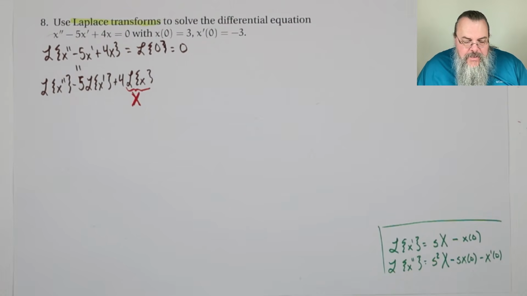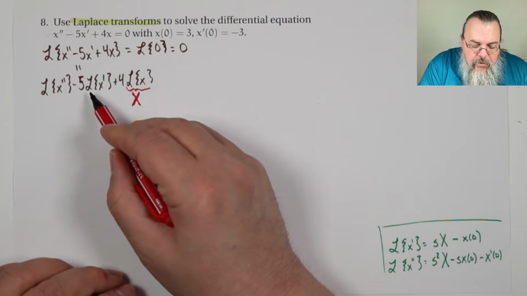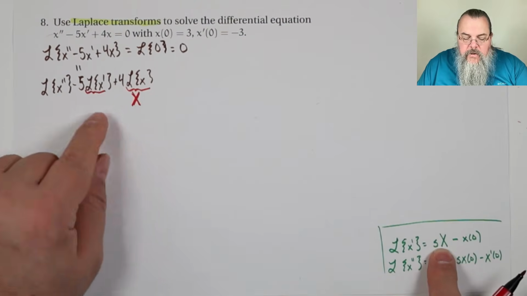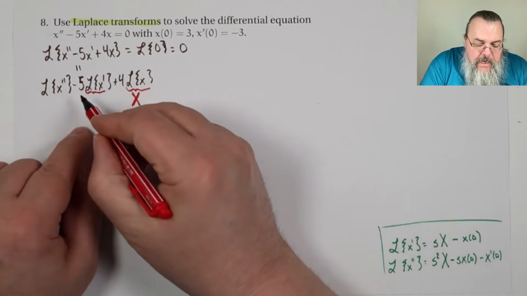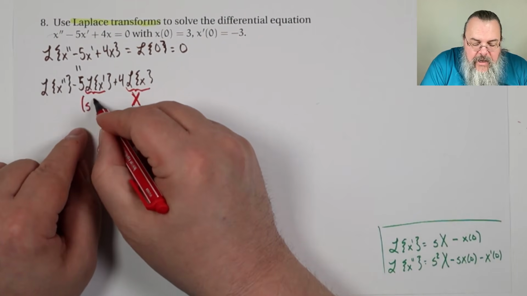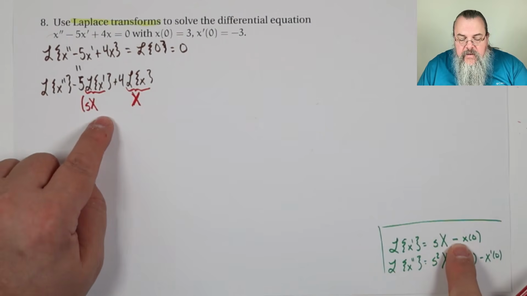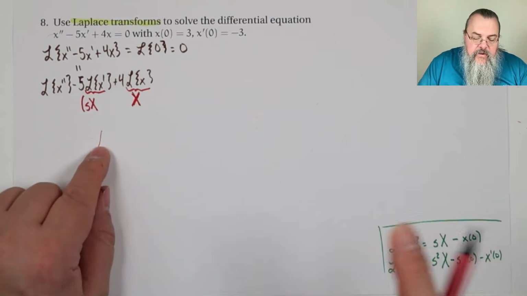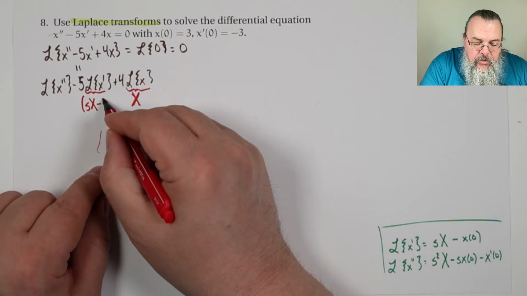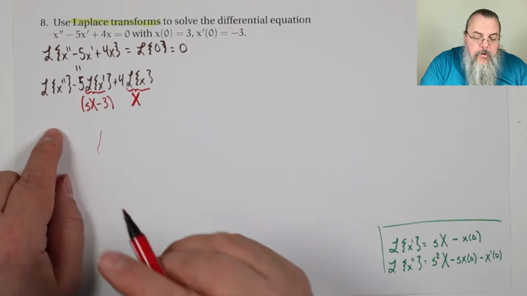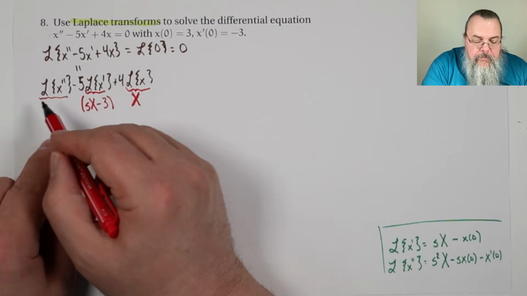All right, now let's update what we have. So the Laplace of x prime, according to what we have, will be s capital X minus 3, right? x of 0 is 3, so minus 3. Okay, what about the Laplace of x double prime?